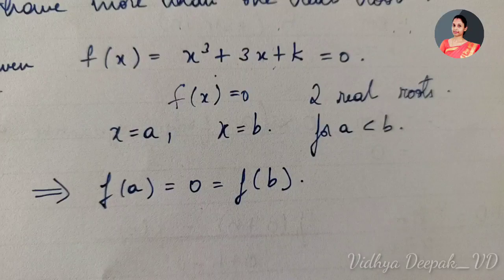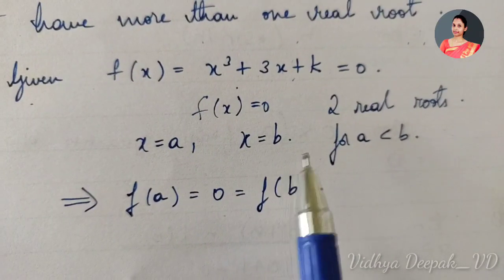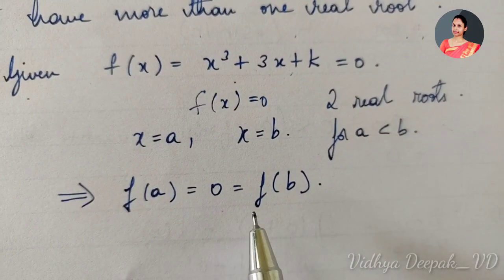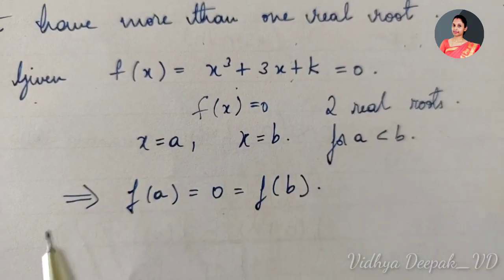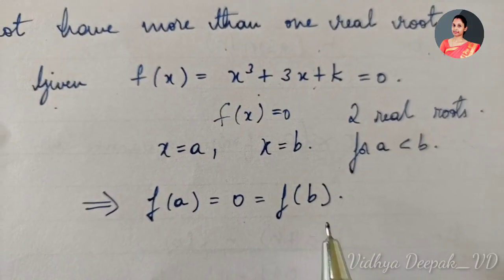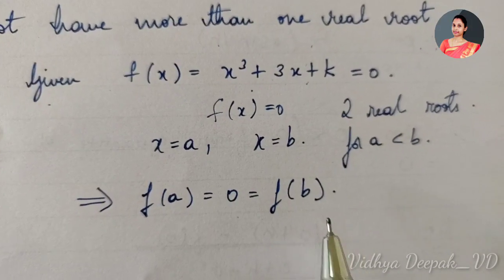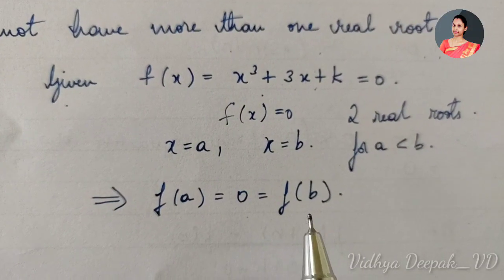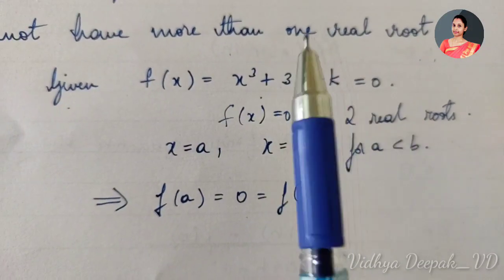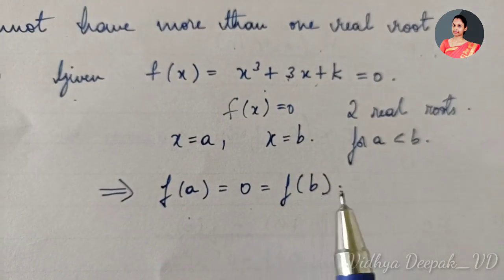Since these are the two roots, I can say that f of a is equal to 0 is equal to f of b. Looking at all the conditions here, Rolle's theorem is satisfied. This is continuous, this is differentiable, f of a is equal to f of b.